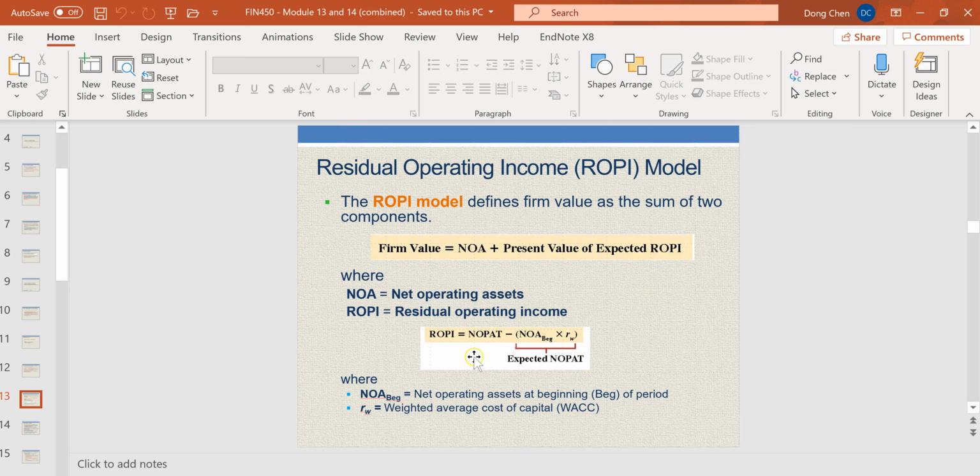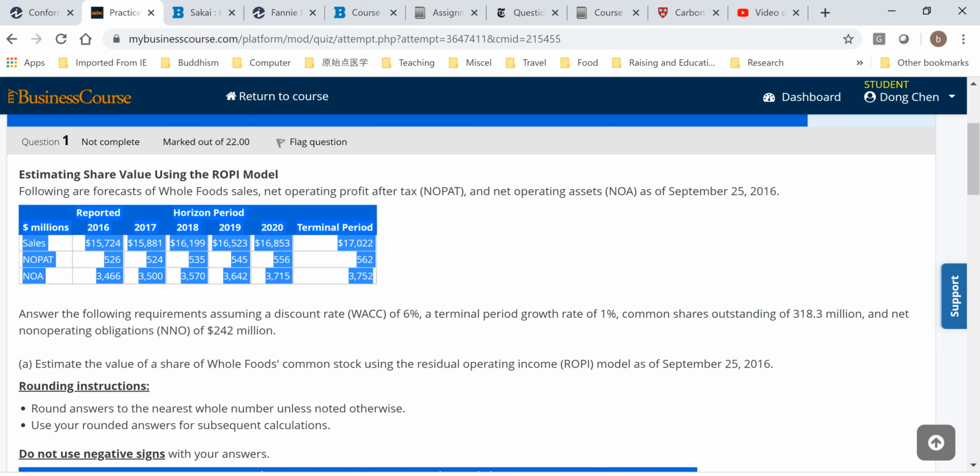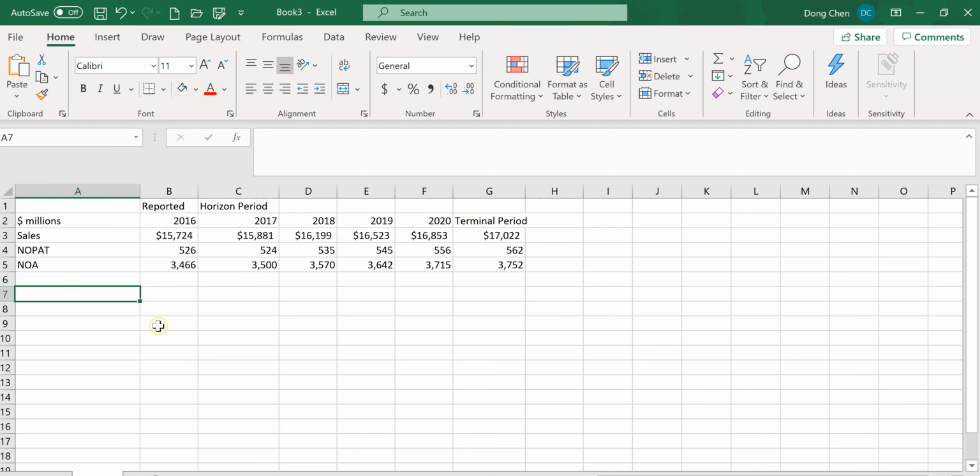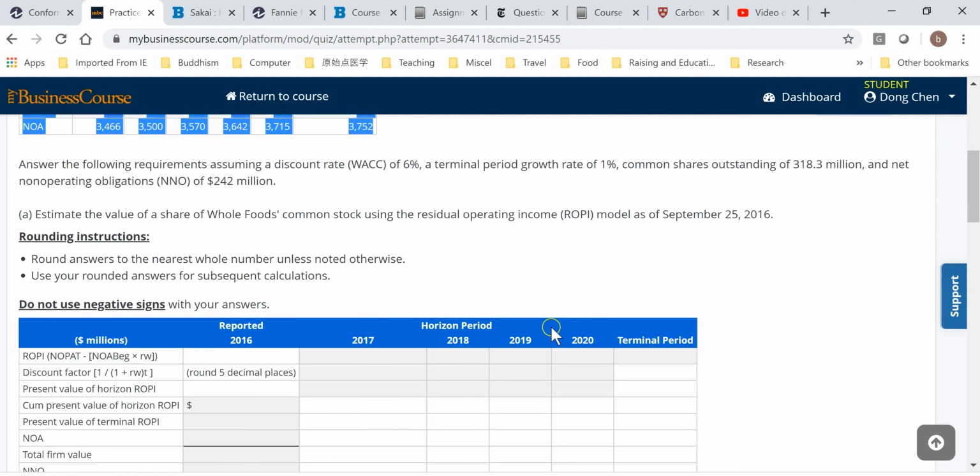So ROPI is further defined by NOPAT minus the beginning, so this is like the previous year's NOA times the discount rate. So first we need to calculate the ROPI.